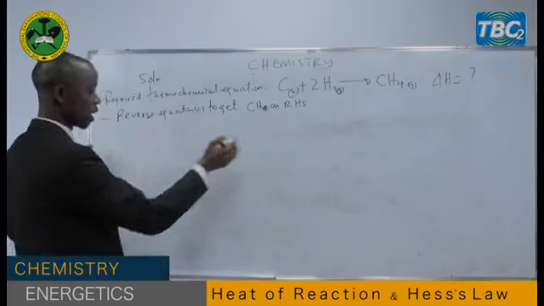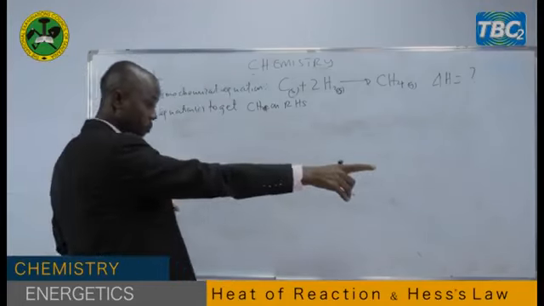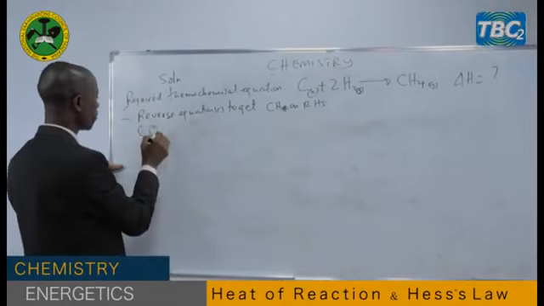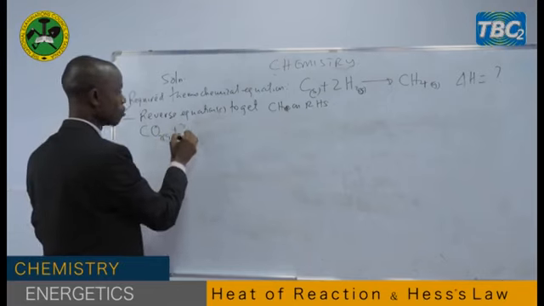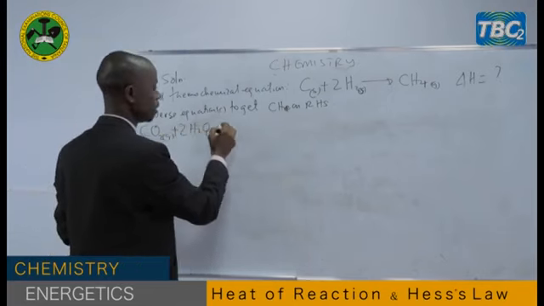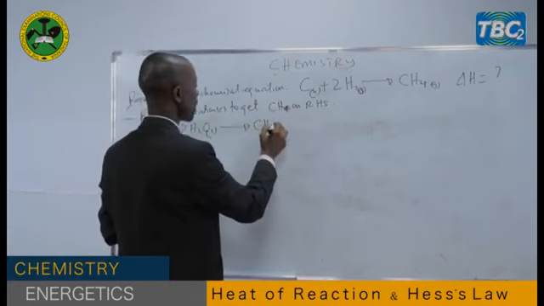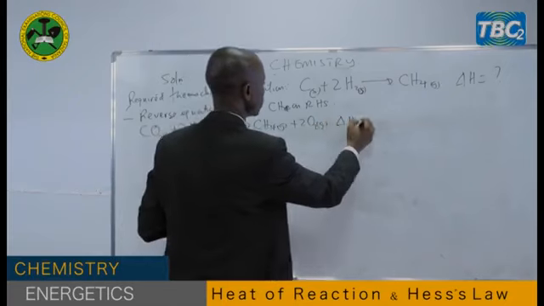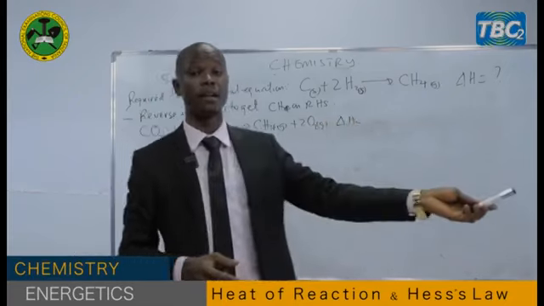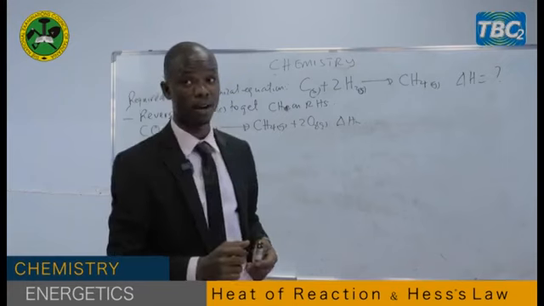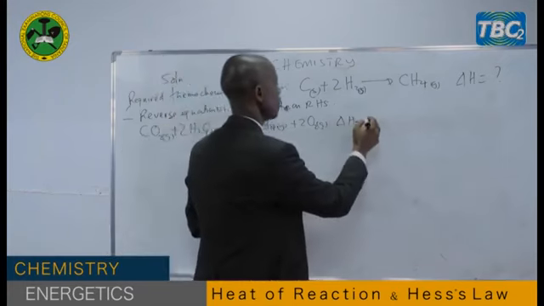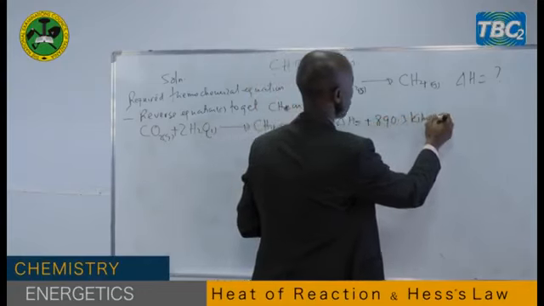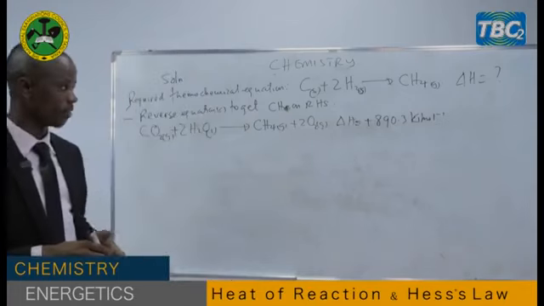So if we reverse that one, that means the product will be the reactant and the reactant will be the product. So here we are going to get carbon dioxide plus 2 moles of water liquid to get methane gas and 2 moles of oxygen gas. The enthalpy change for this reaction will also change the sign. As I told you, Laplace law, I'm sure that you remember. So here it will be positive 890.3 kilojoules per mole. That is number 1.